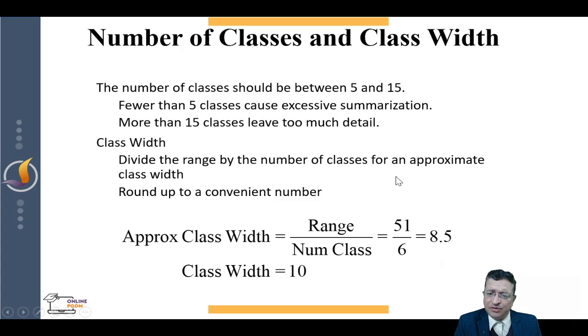You divide to get the class width. As I told you, you need not worry about the fractional number; go for the nearest round figure to make it easy. And the rule: fewer than 5 classes cause excessive summarization and more than 15 classes have too much detail. We need to keep this in mind while making a histogram, or even in the case of a frequency distribution also.